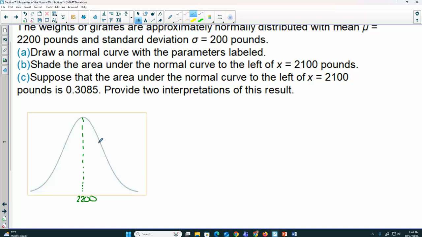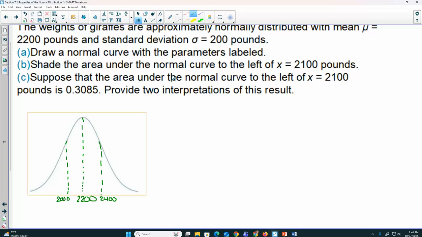And then, within one standard deviation, to the left and to the right, can you tell me what those points would be? Because you just added and subtracted your standard deviation to get those. All right, so there's our normal curve. We labeled our mean and we used our standard deviation to get some points.